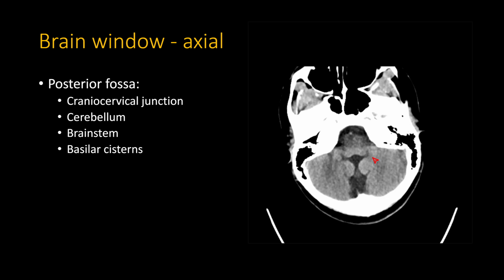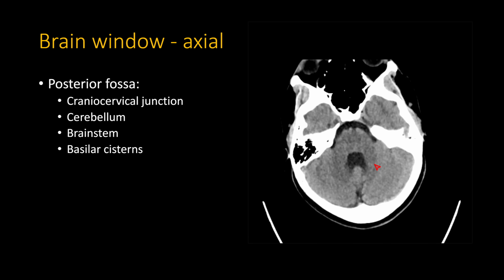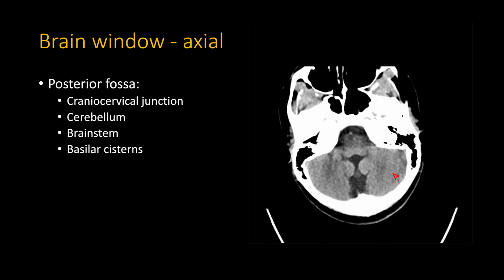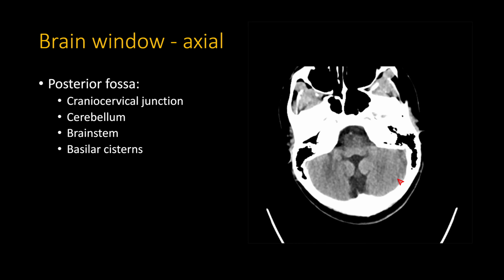Then when you come up, I start looking at the cerebella on either side. In general, when you're looking at these head CTs, things you're looking for are masses or mass effect, blood, which could be in the epidural space, subdural space, subarachnoid space, or in the intra-axial space, and any evidence of an infarct, so loss of gray-white matter junction differentiation. I go through the cerebellum one side at a time, looking for any mass effect.